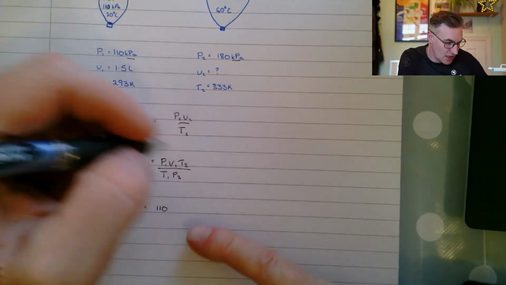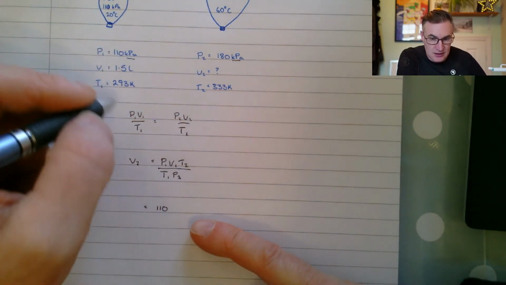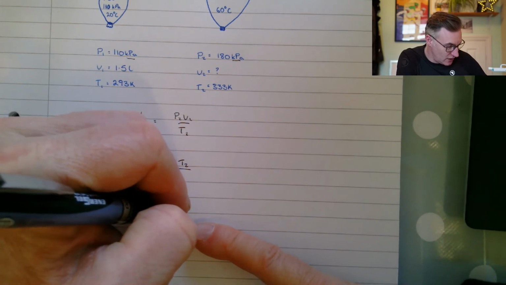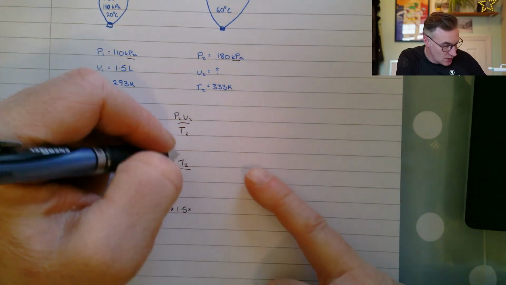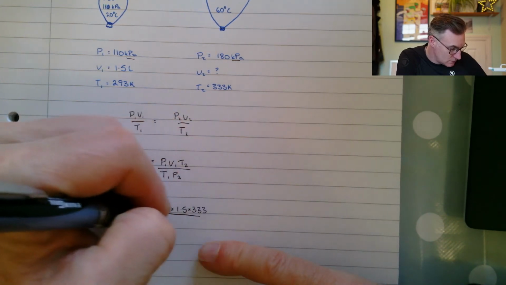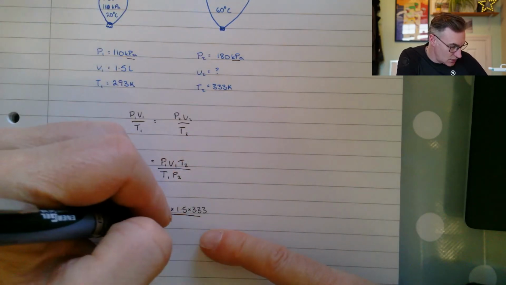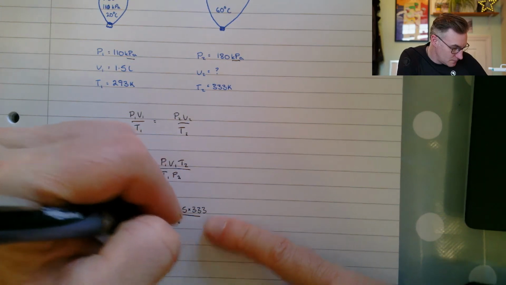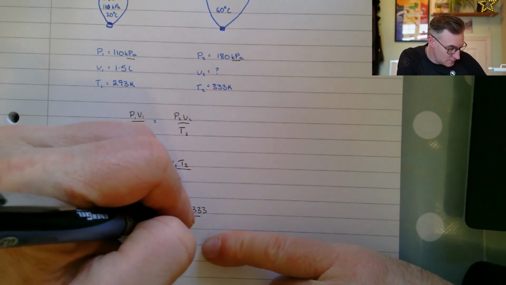So 110 is fine, times 1.5, times T2, which is 333, over 180 times 293.